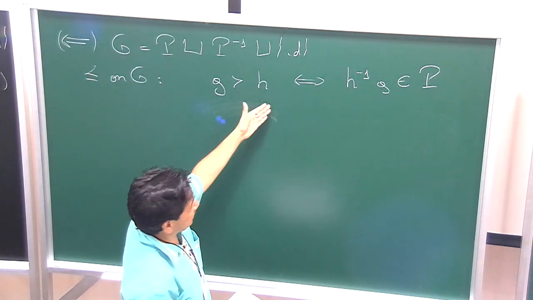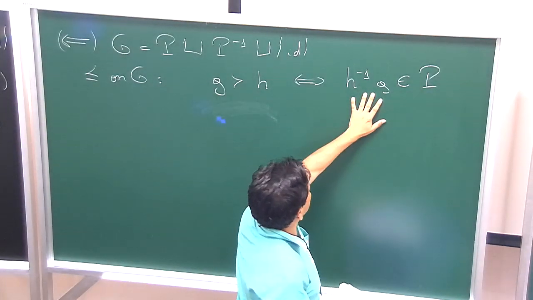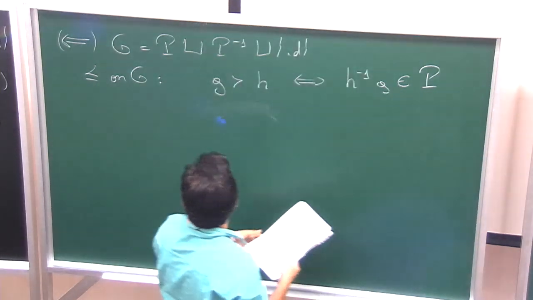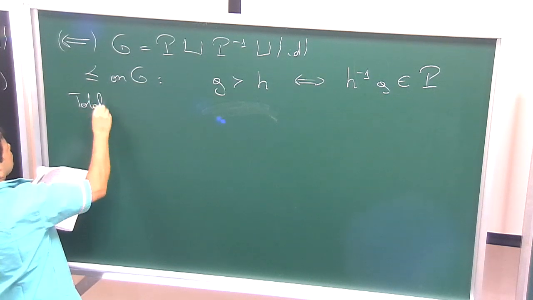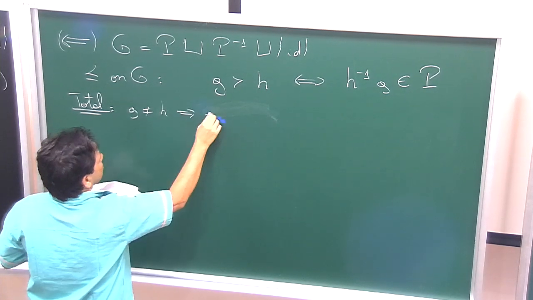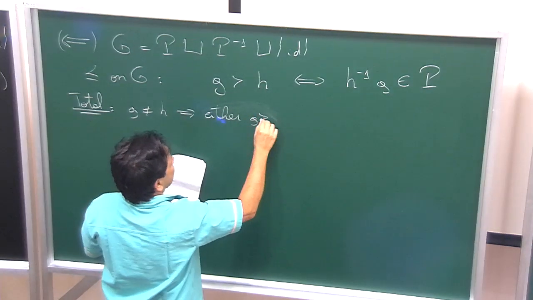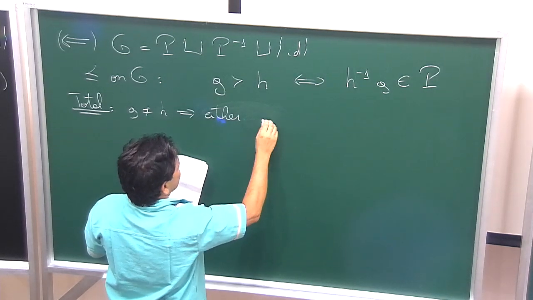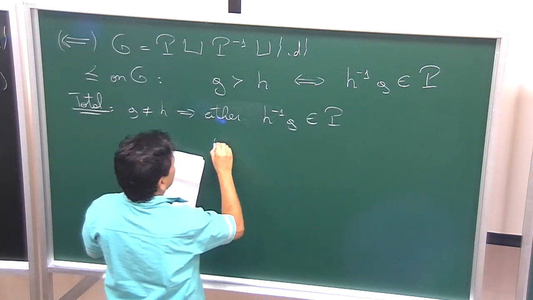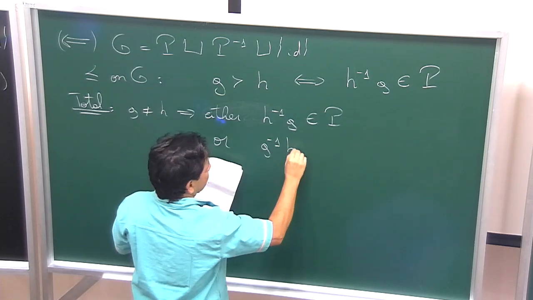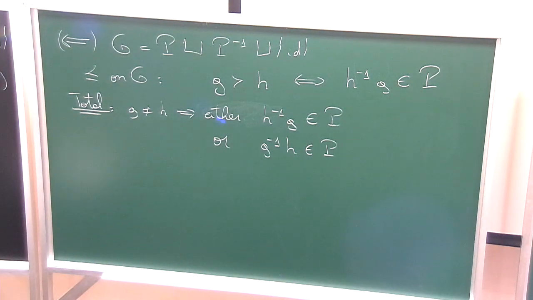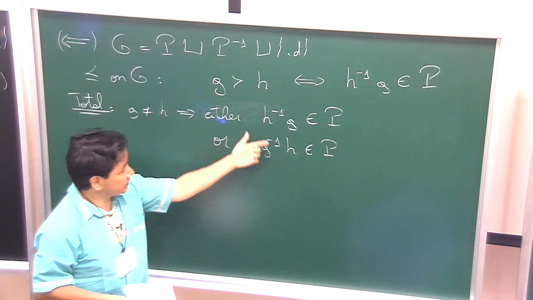So this is a total order because if G is different from H, then either H inverse G is in P, or the inverse of this, G inverse H is in P. Or if you wish, H inverse G is in P inverse. Because this element is different from the identity.